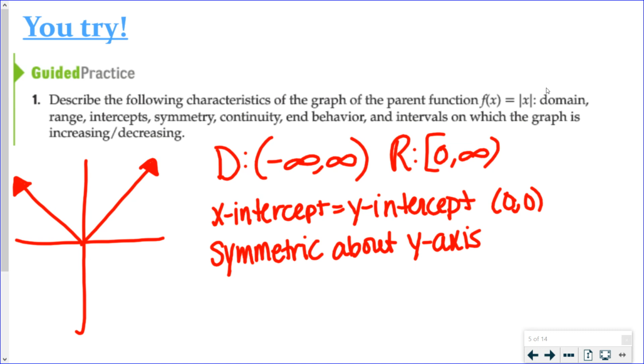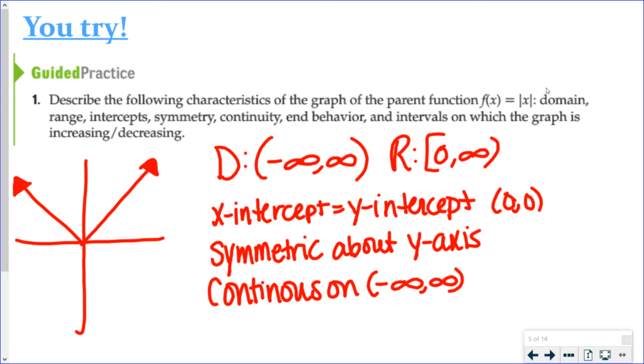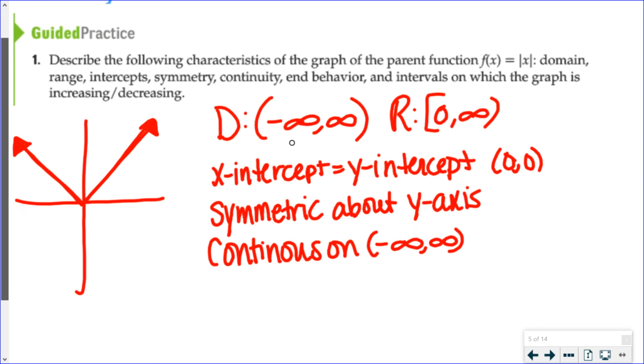It is a continuous function for its entire domain. So continuous on negative infinity to positive infinity. So I can draw this whole graph without picking up my pen. My end behavior, this does have end behavior. It goes to negative infinity, it goes to positive infinity, so I should have end behavior on both sides.